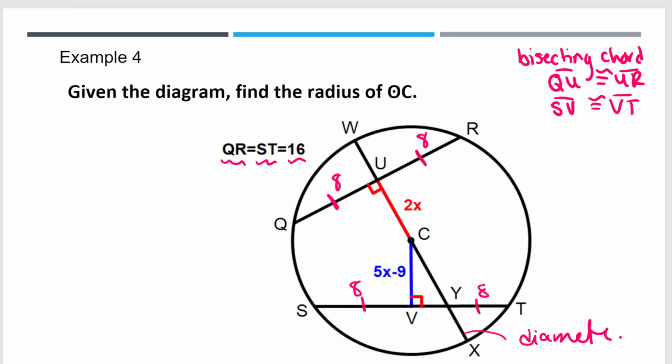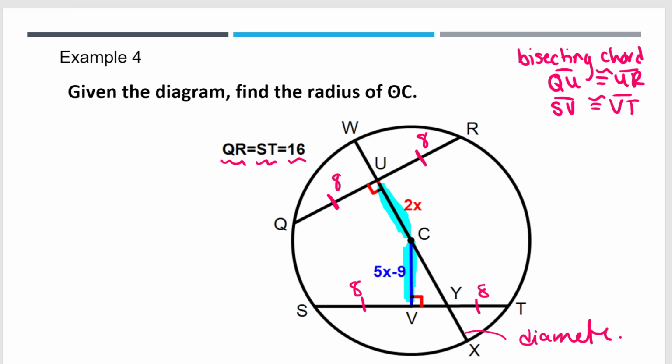We also have our equal distance from the center. So that means those two lines are congruent. And how we know that they are congruent is the fact that the chords that they're attached to are congruent.